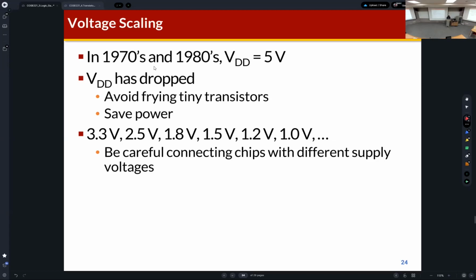So what is the benefit of this voltage scaling? We can reduce the supply voltage level of our circuit. I explained about the technology node of the semiconductor technology, and I mentioned that recently we are using 5 nanometer technology.